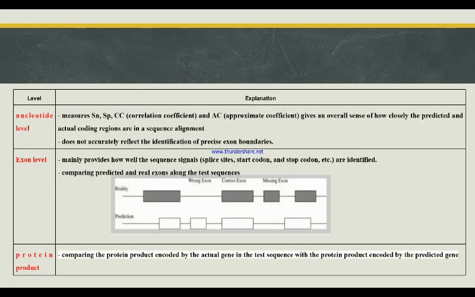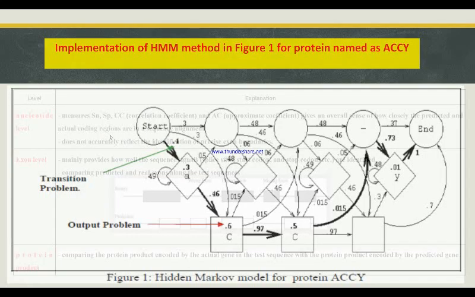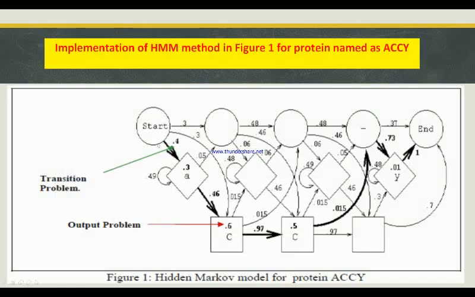For the nucleotide level, it measures SN, which is sensitivity, SP, specificity, CC, correlation coefficient, and AC, approximate coefficient, which gives an overall sense of how closely the predicted and actual coding regions are in a sequence. But please remember that the nucleotide level does not accurately reflect the identification of the precise exon boundaries.